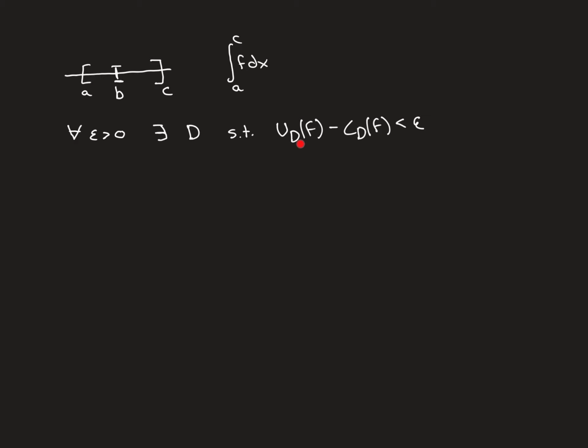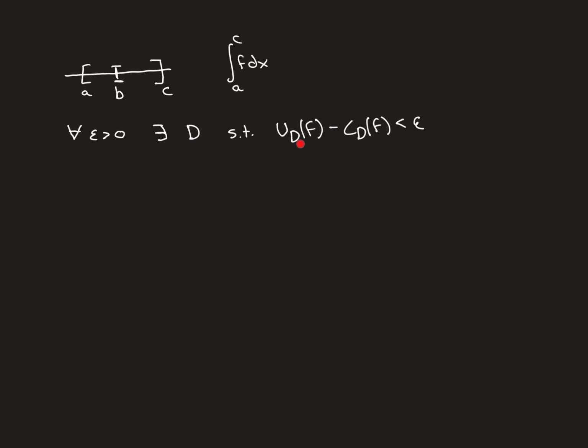Now, for our epsilon greater than 0, we can apply the Riemann integrability criterion for the entire interval AC and say that I can find a dissection D that is a dissection of the entire interval. So it's not just a dissection of the interval AB, it's a dissection of the entire interval AC that will obey the fact that the upper Riemann sum minus the lower Riemann sum is less than epsilon.